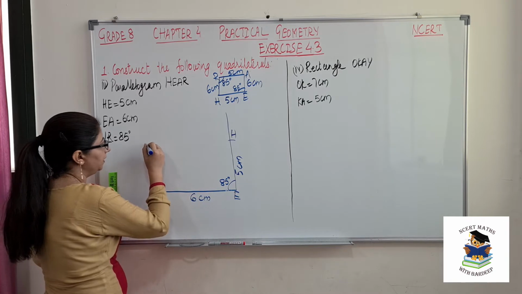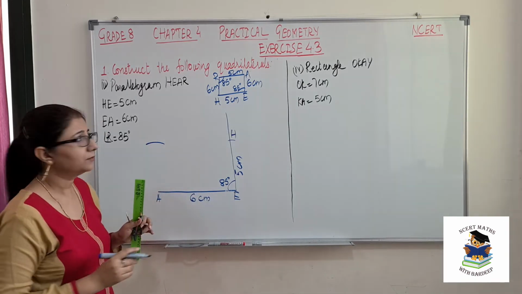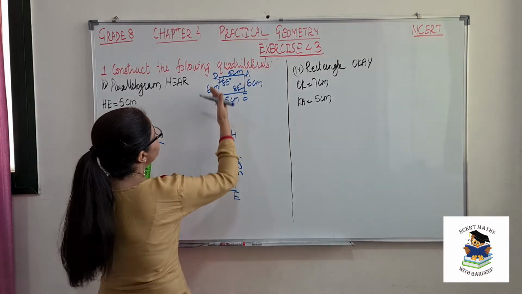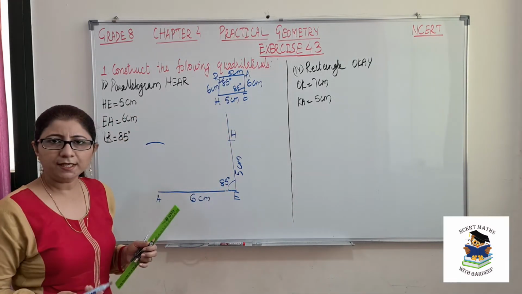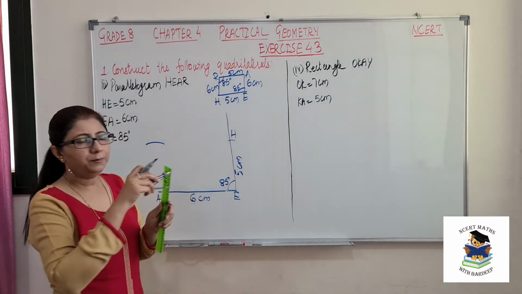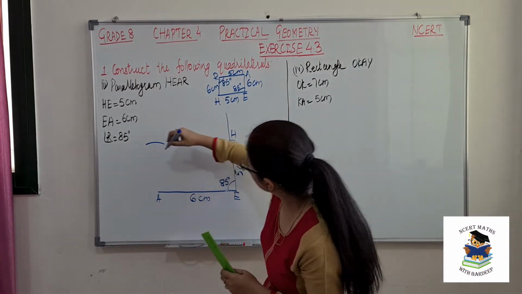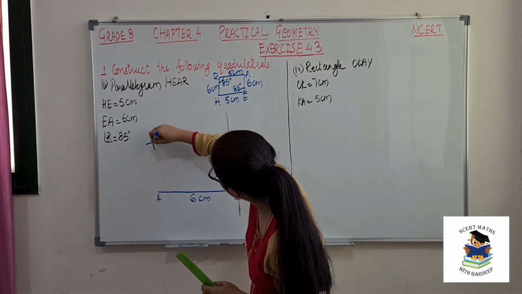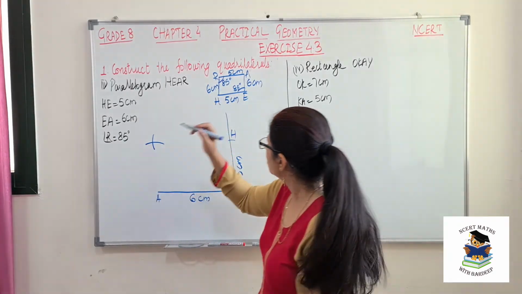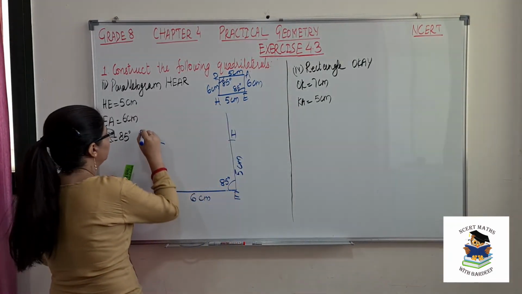So it will be something like this. Now from this H point, R is also 6 centimeter. So now you will measure your distance 6 centimeter. Keep your compass here and then cut it like this. Okay, so this point will be R.